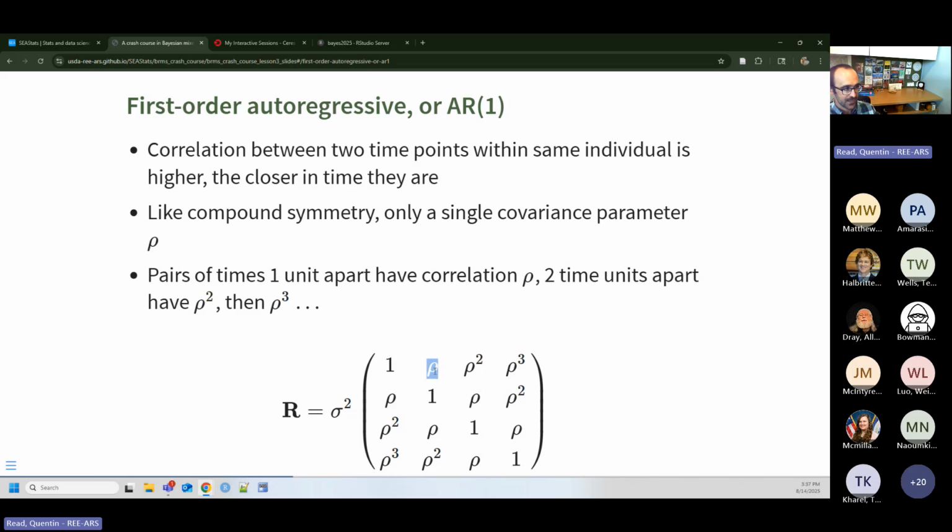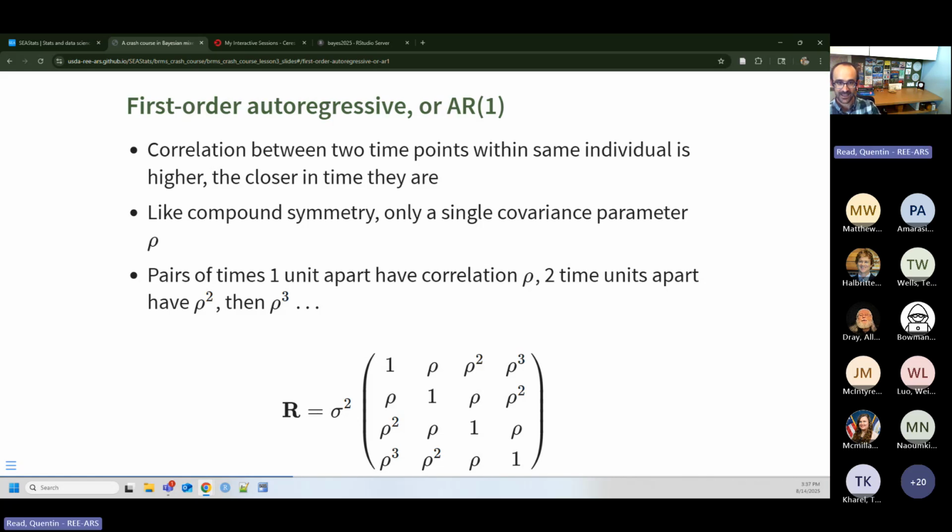If your 2 time points are 1 unit apart, like time 1 and 2, they have this correlation, rho. If they're 2 units apart, like 1 and 3, they have rho squared. So if rho is 1/2, then rho squared would be 1/4, and rho cubed would be 1/8. As you get further apart in time, the correlation gets lower, eventually pretty close to 0. That's called AR1.